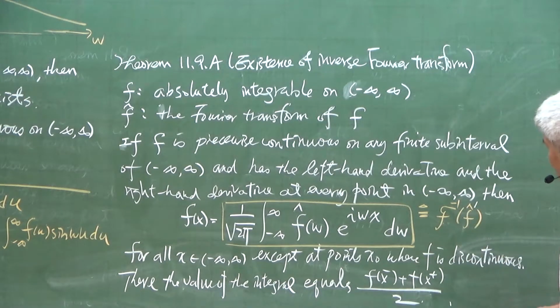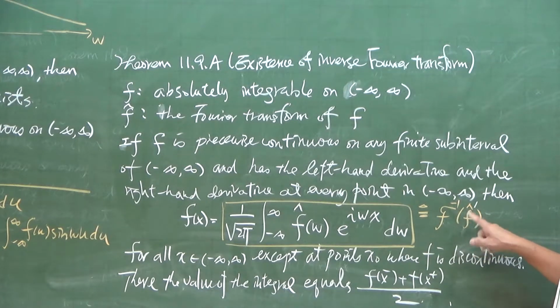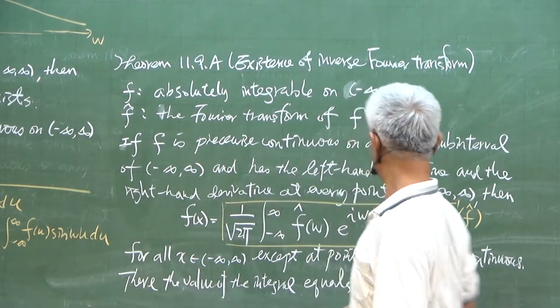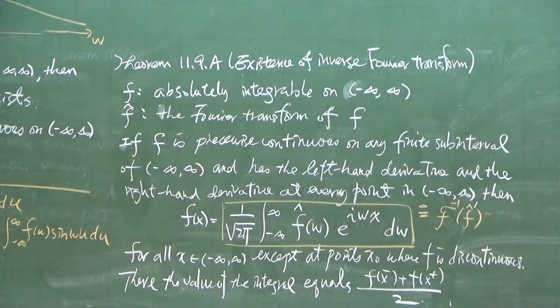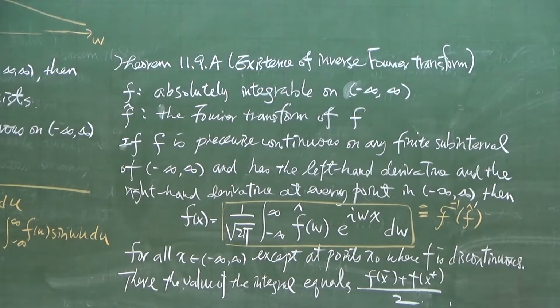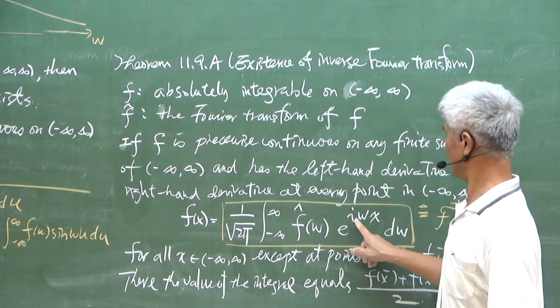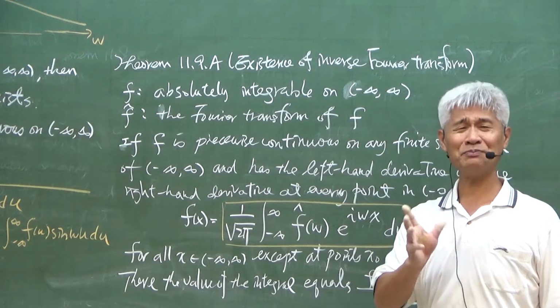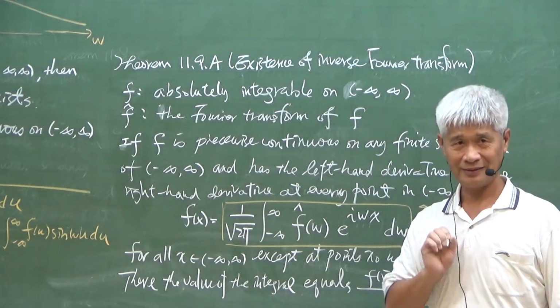Actually, from our previous theorem, the inverse Fourier transform and the Fourier transform are basically the same, except for the phasor. For the Fourier transform, the phasor you use is e to the minus i omega x, but here the phasor used is e to the i omega x. So pretty much they are the same.